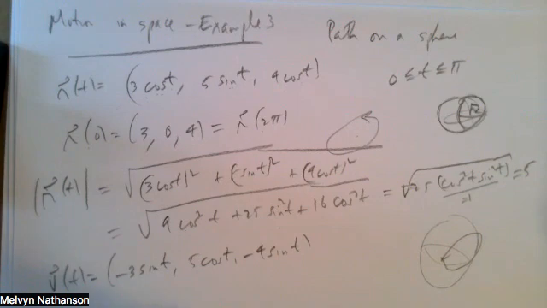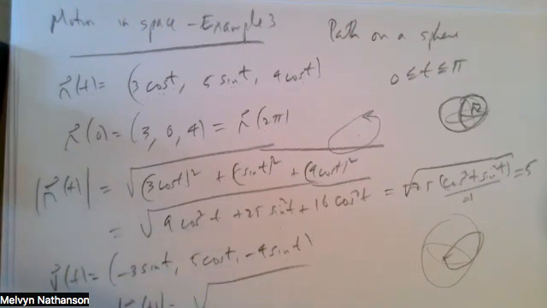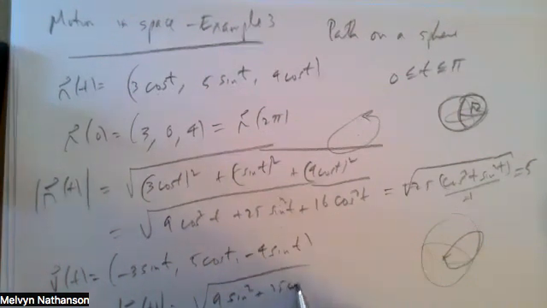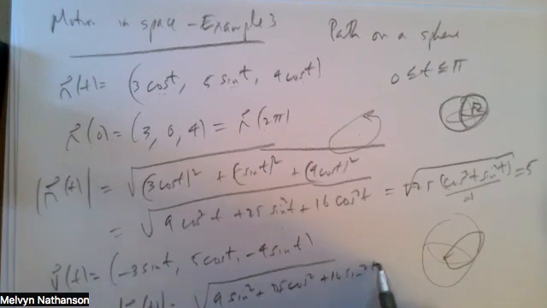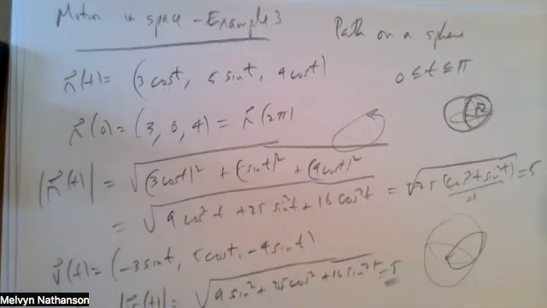And the speed, which is the length of the velocity, is the square root of the sum of the squares of these coordinates. 9 sine squared plus 25 cosine squared plus 16 sine squared. Again, it's 25 sine squared plus 25 cosine squared, which is exactly this. This is 5. So this particle is moving with constant speed 5 on the surface of the sphere.